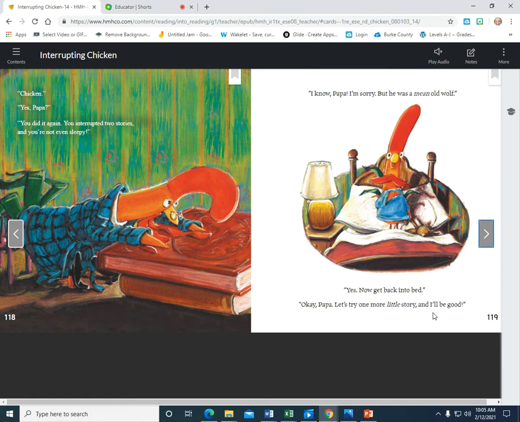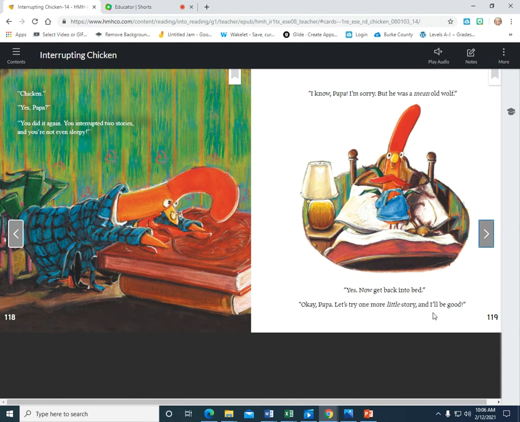We're going to stop right here and just think about that for a minute. How does Papa feel when Chicken keeps interrupting? How do you think he feels? And how do we know how Papa feels? I think Papa feels kind of like I feel when students talk whenever we're trying to read a story. He's getting a little aggravated, isn't he?